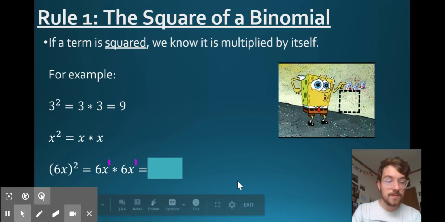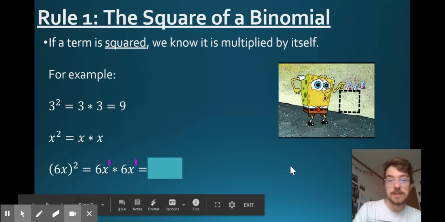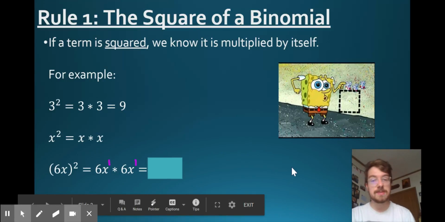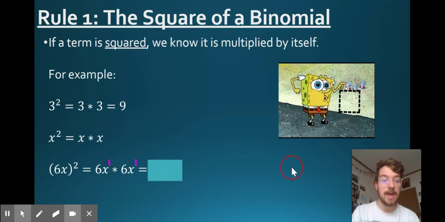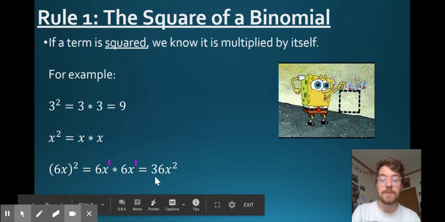So 6 times 6 is 36, and x to the 1 times x to the 1 gives me x to the second power. So the full product is both of those answers put together. The number answer and the variable answer just slap together. You just squared them individually and put those together. Just as a reminder of what squaring is, I wanted to make sure we got that down.